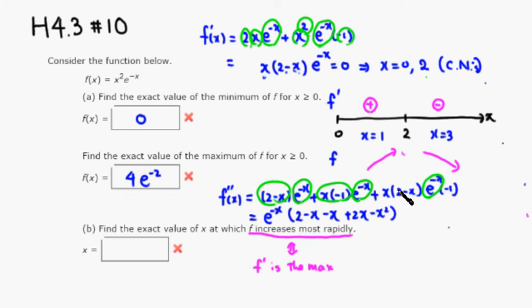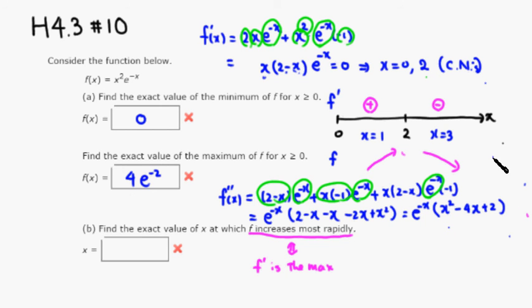Actually, I have to be careful, there's a negative sign there, so I have to change the sign too. So this is going to be minus 2x, and this is going to be plus x squared. Then clean it up. You're going to get e to the negative x times x squared minus 4x plus 2.